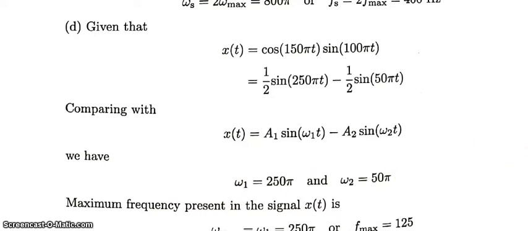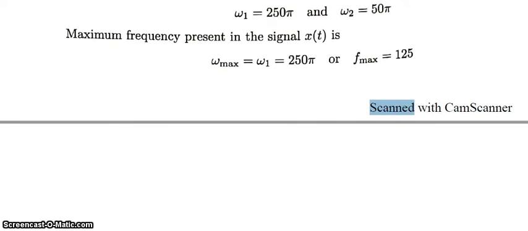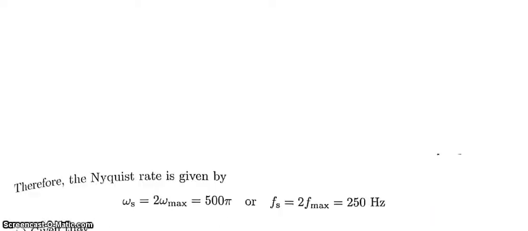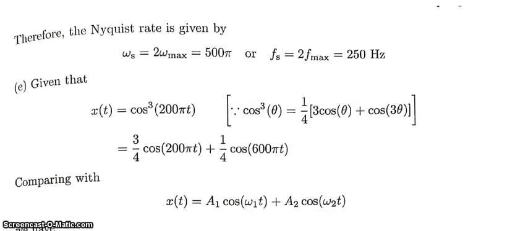Therefore, the maximum frequency present in the signal x(t) is ωmax = ω1 = 250π, or fmax = 125. Therefore, the sampling frequency ωs = 2ωmax = 500π, or fs = 2fmax = 250 hertz.